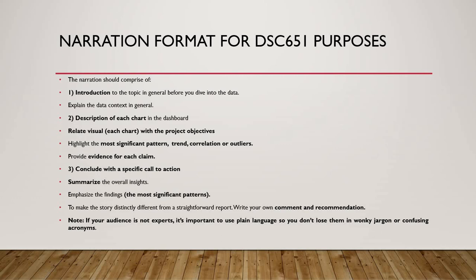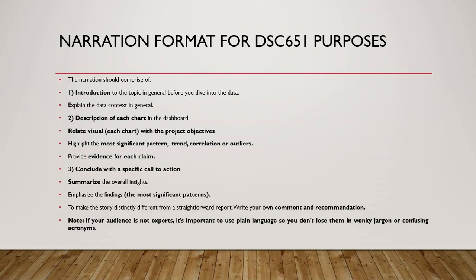Okay, so highlight the most significant pattern, trend, correlation or outliers. Jadi apa yang penting biasanya dekat chart tu, pattern dia, trend dia menaik ke menurun ke, correlation antara dua atau lebih variables ke, outliers ke, itu yang penting untuk kita tengok. Okay, lepas intro kita explain graph tu dan ini adalah elemen-elemen yang kita perlu ada. Kemudian provide evidence for each claim.